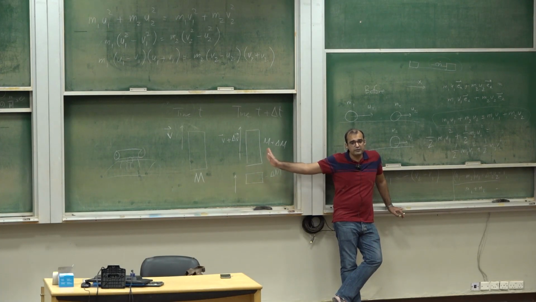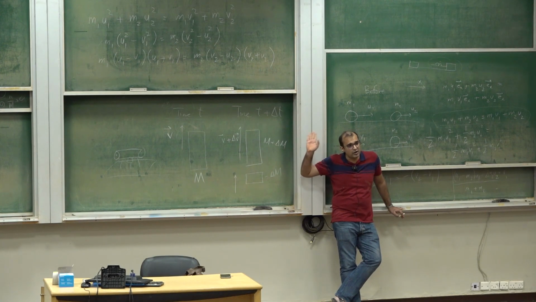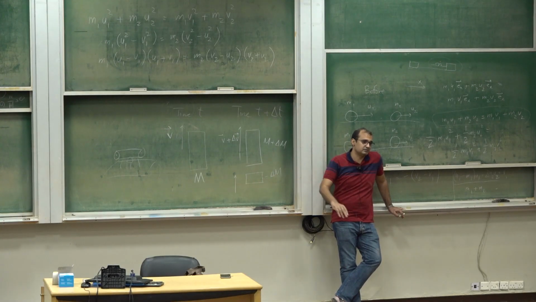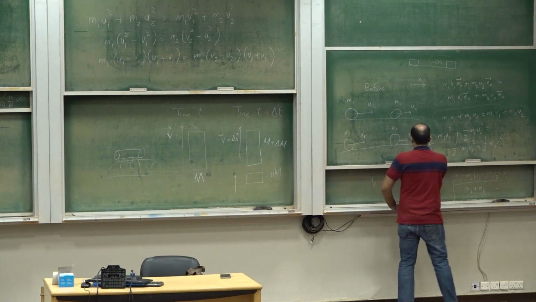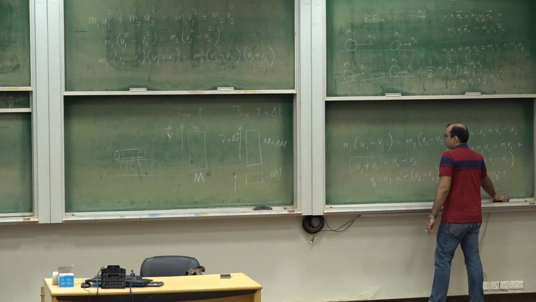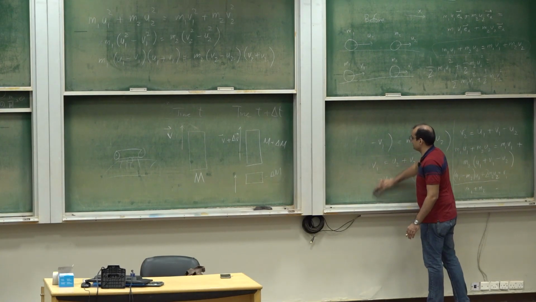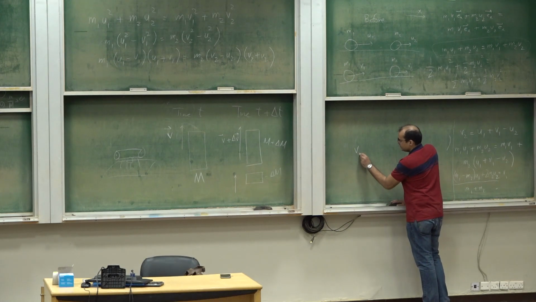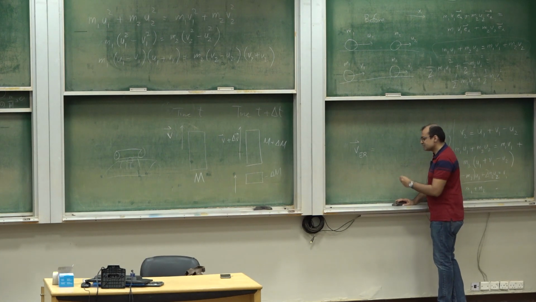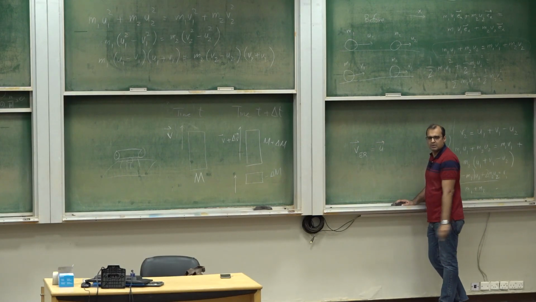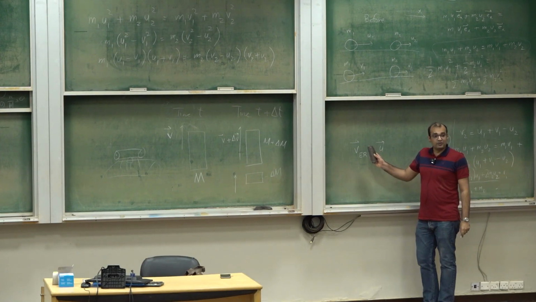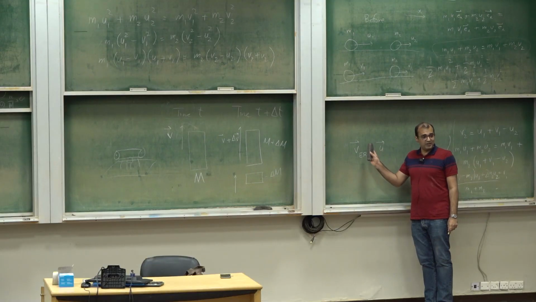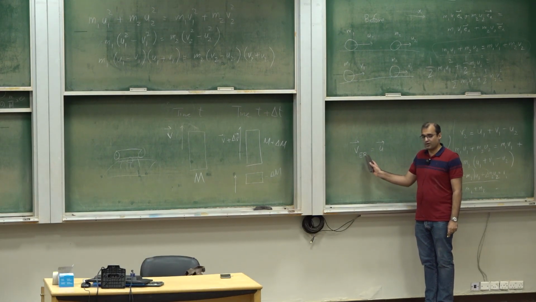What you can control from an engineering point of view is the speed of exhaust gases with respect to the rocket. Stupid notation, but people usually call it U. So U is the velocity, not the initial velocity. U is the velocity of the exhaust gases with respect to the rocket.